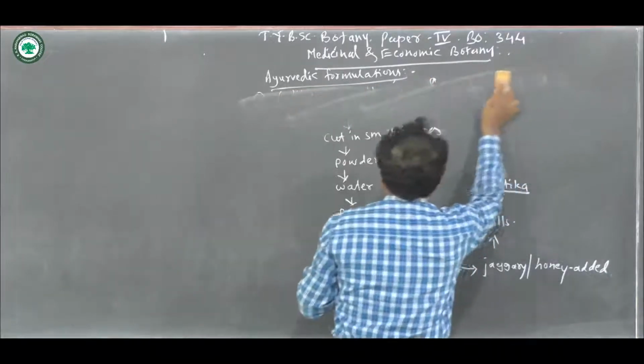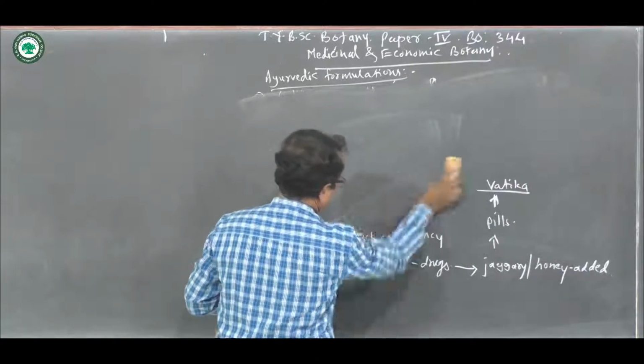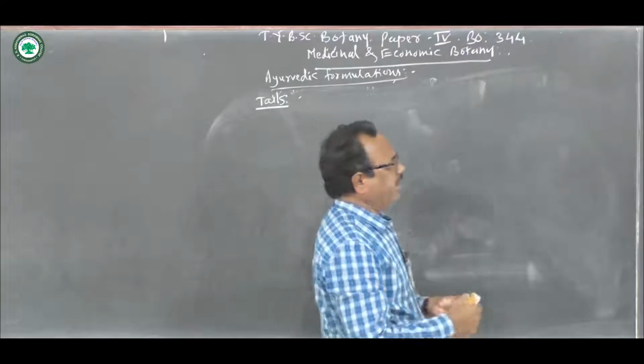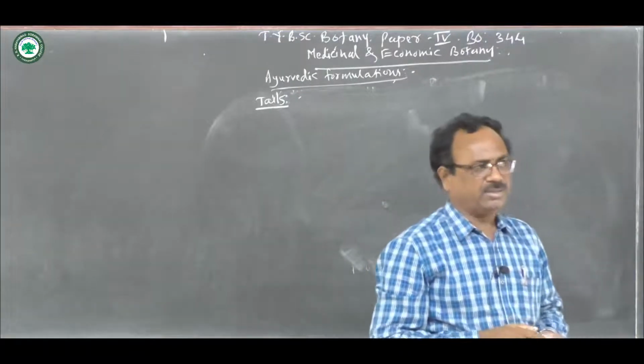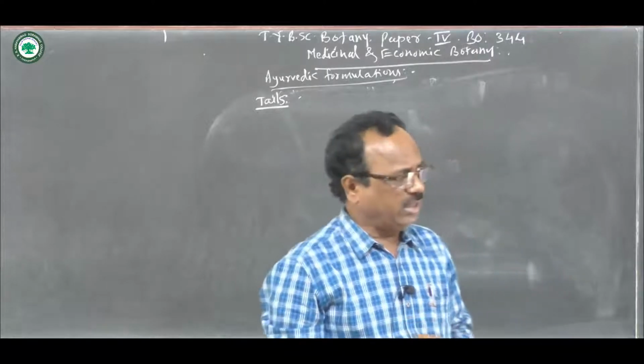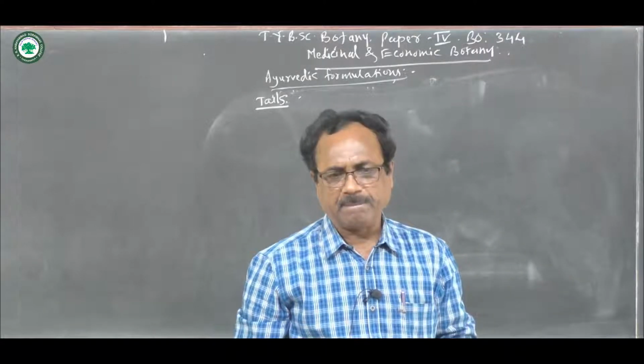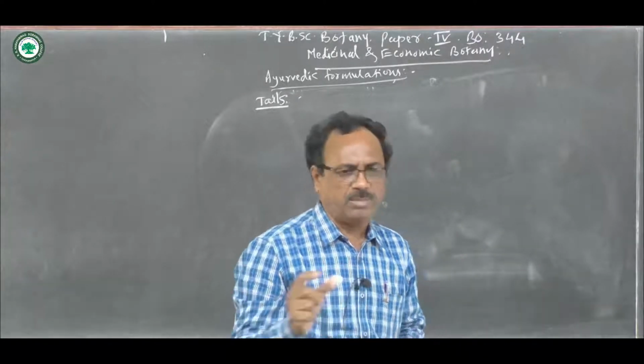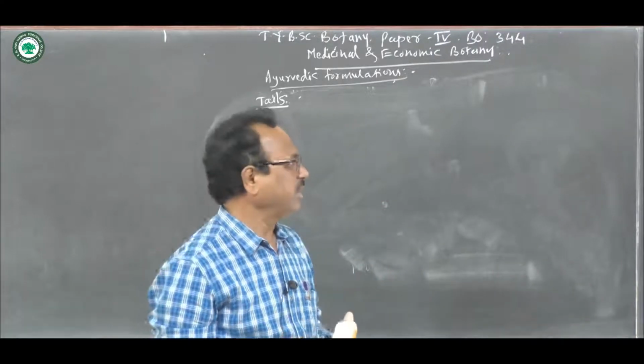Now let us see the next type of Ayurvedic formulation. This is called tails. There are different types of medicated oils present in the market, and these medicated oils are commonly known as tails.